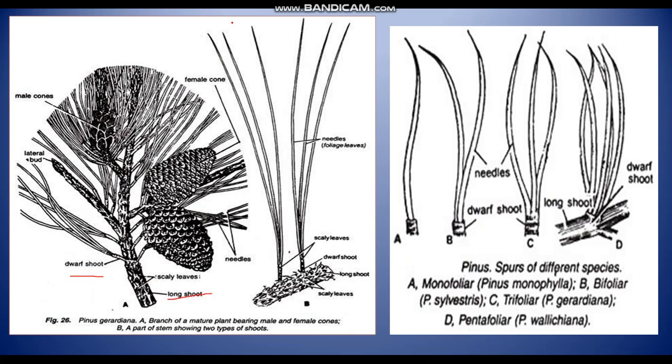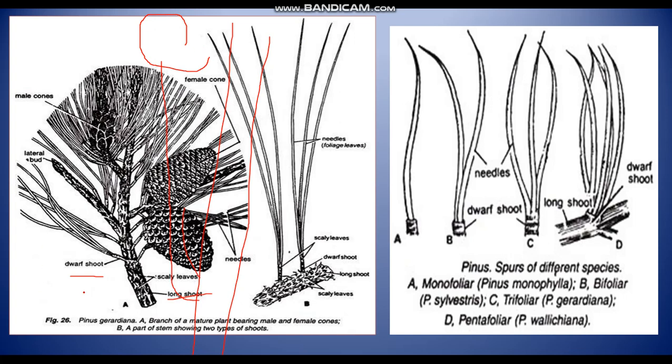Long shoot, for example, this is a main stem and from the main stem the long shoot arises from the axils of scaly leaves and from lateral buds. These branches are of unlimited growth. It means they grow regularly and at the apex they gradually become shorter towards the apex and thus provide a pyramidal look.